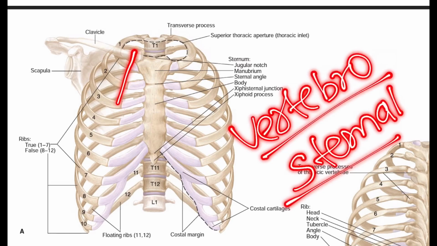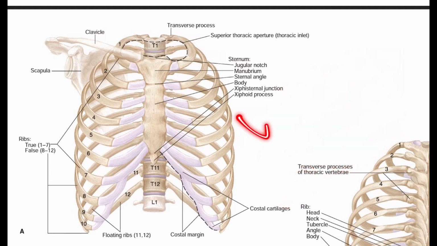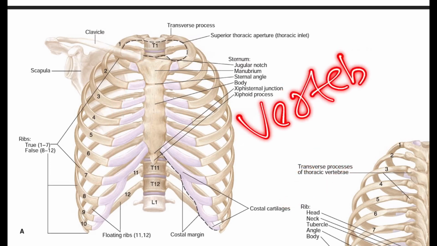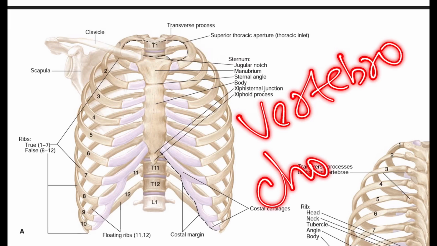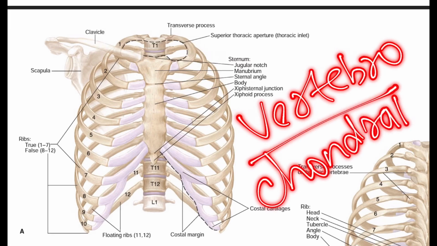The first 7 ribs are connected posteriorly to the vertebral bones and anteriorly to the lateral border of the sternum. Next, vertebrochondral. The word itself has the meaning: the ribs are attached to the vertebral bone, and chondra means it is related to cartilage.